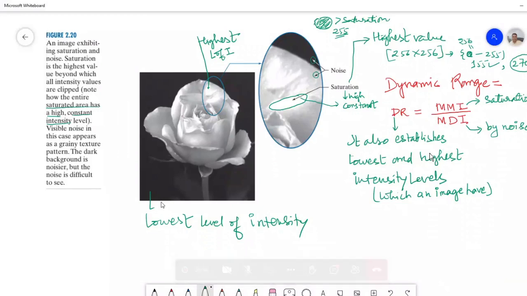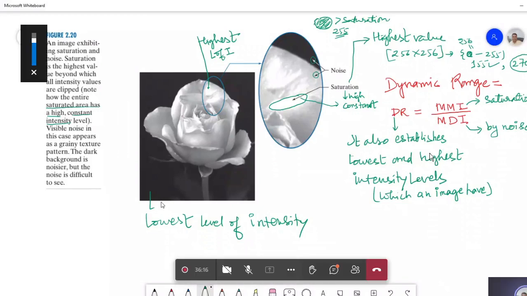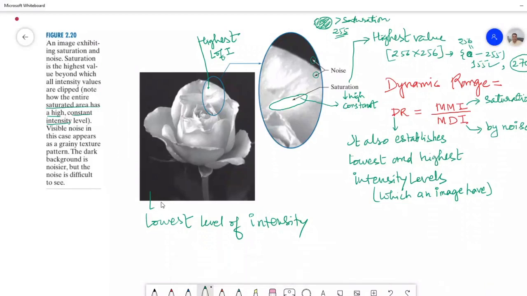If this DR is more, it means in the numerator we have more value for this saturation. It means we are going to watch an image to the brighter side or to the better quality. So if the dynamic range is more, then we can say the contrast is more. Is that clear?